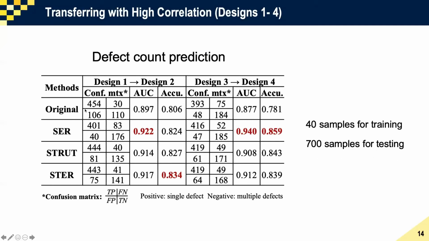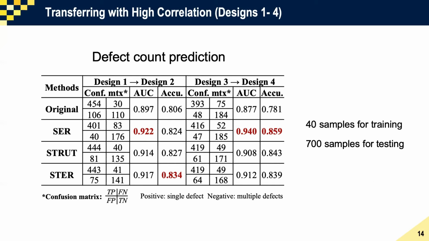And here, original refers to the RF that is trained only on few training samples without any transferring. In terms of defect count prediction, by incorporating prior knowledge, the prediction performance is significantly improved.